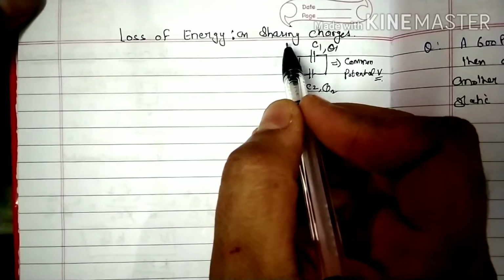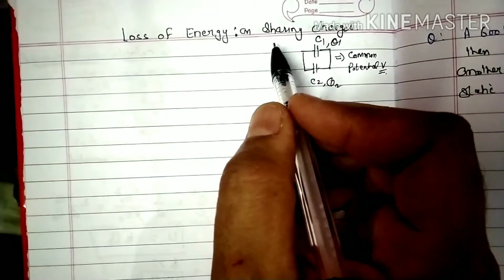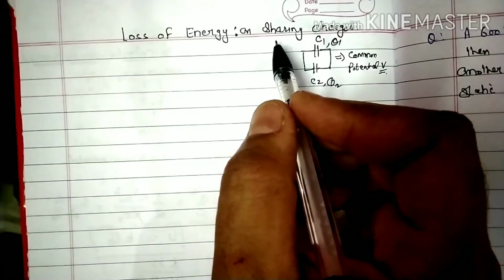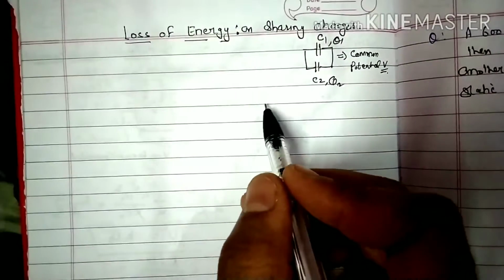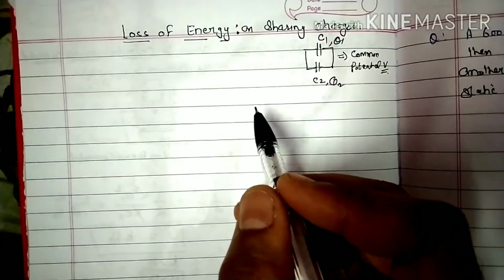You know that in the previous topic we studied redistribution of charge when two insulated capacitors are connected with each other. There was no loss of charge; charge remains conserved.